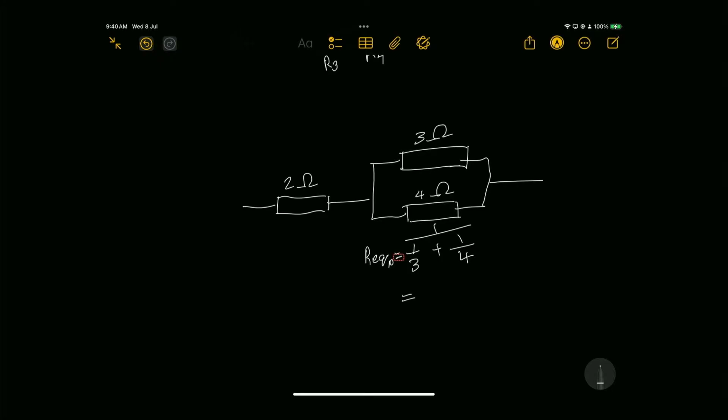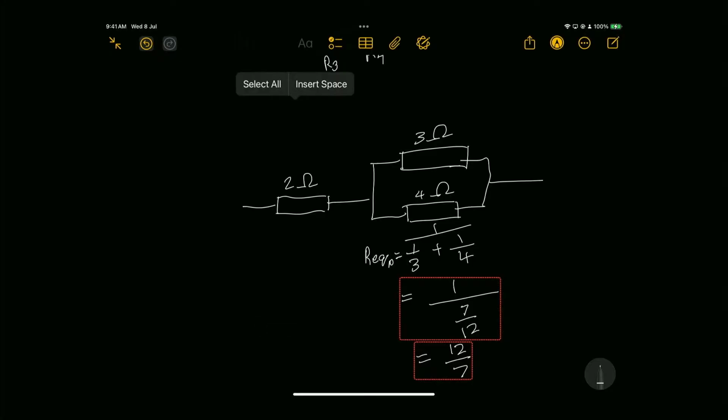So this is equal to 1 over 7 over 12, which is equal to 12 over 7. Right, 12 over 7 ohms.